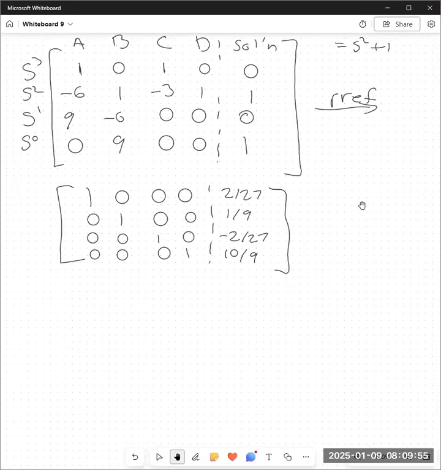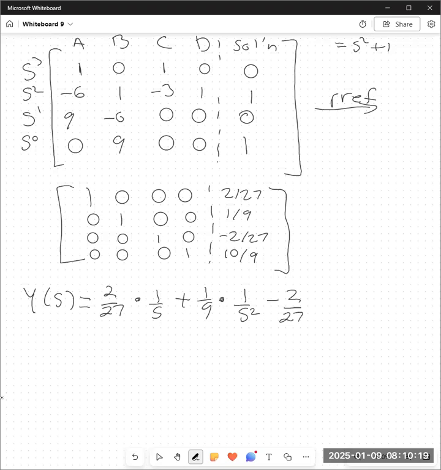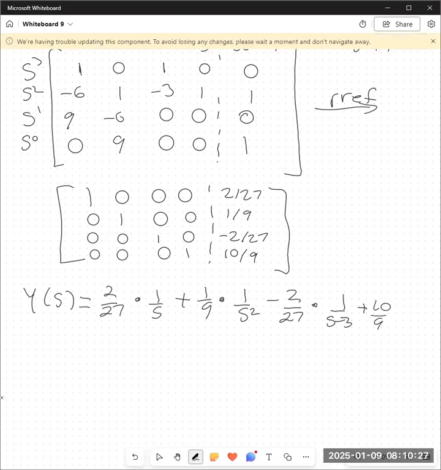So that gives me my capital Y of s is equal to 2 over 27 times 1 over s plus 1 over 9 times 1 over s squared minus 2 over 27 times 1 over s minus 3 plus 10 over 9 times 1 over s minus 3 squared.